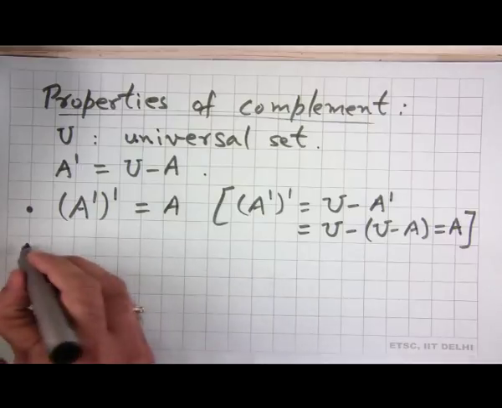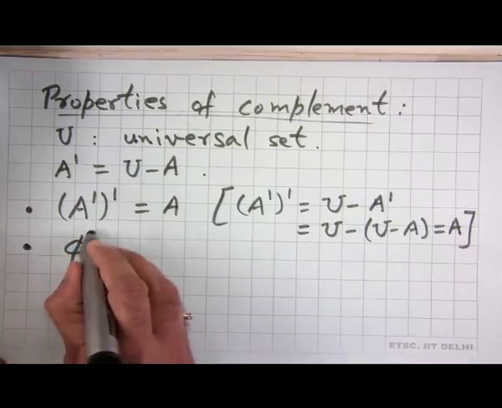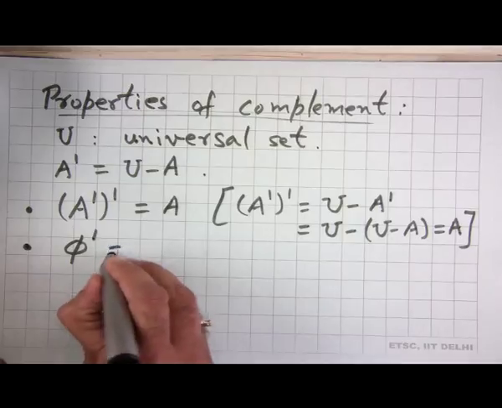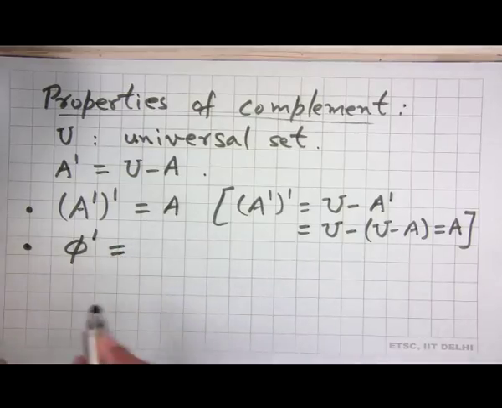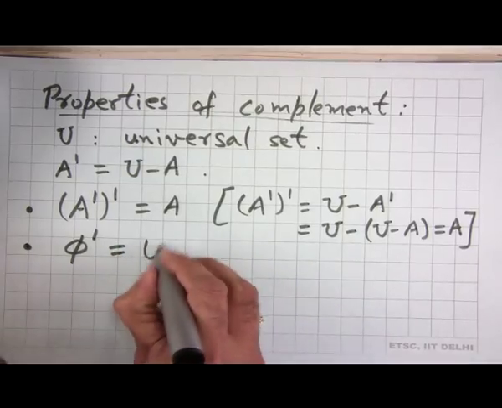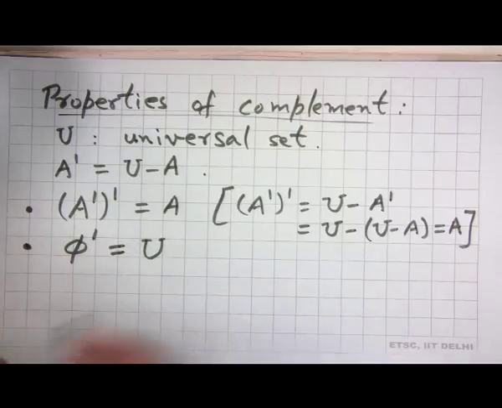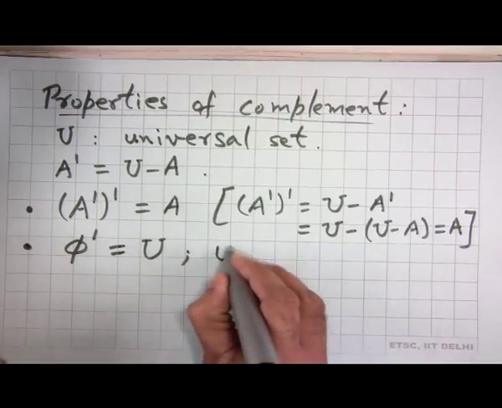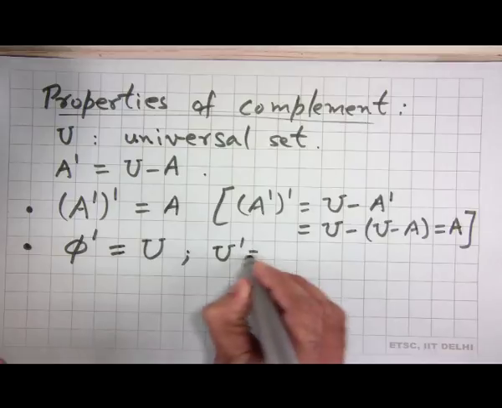What is the complement of the empty set? Since the empty set has no element, the complement will contain all the elements of U, and the complement of U is just the empty set.